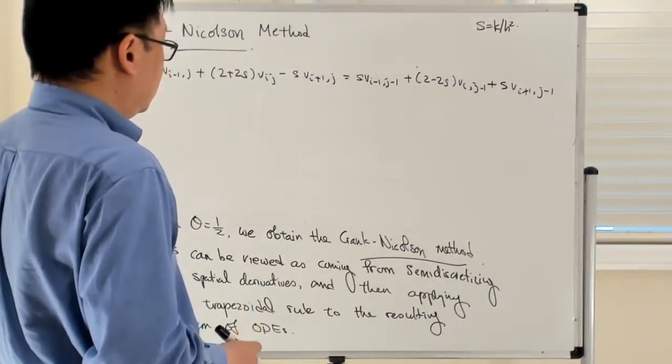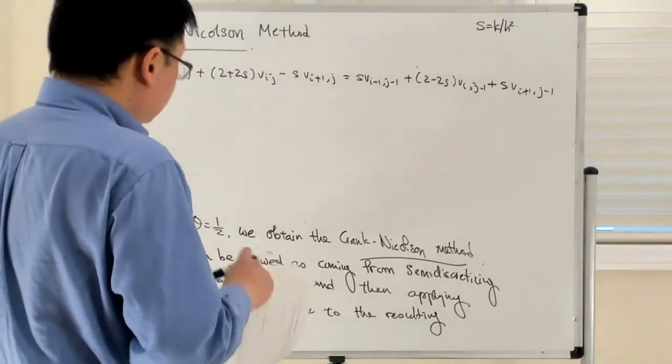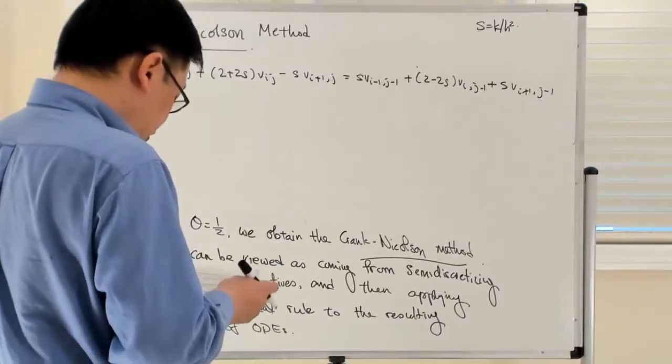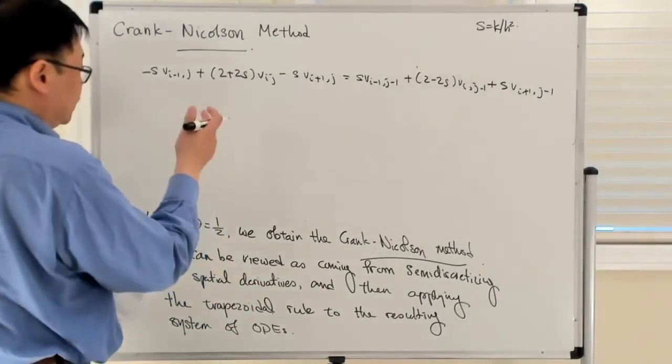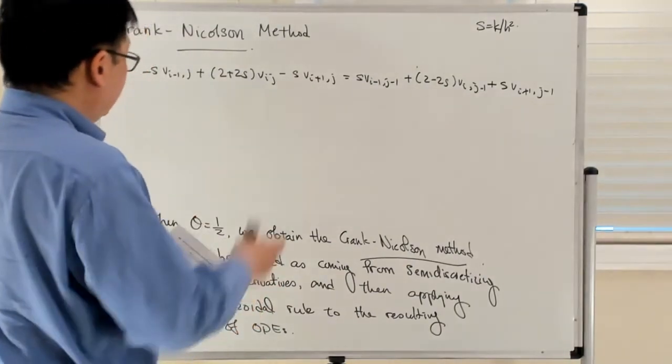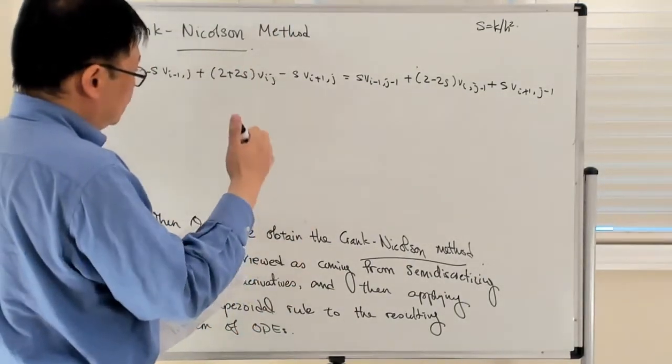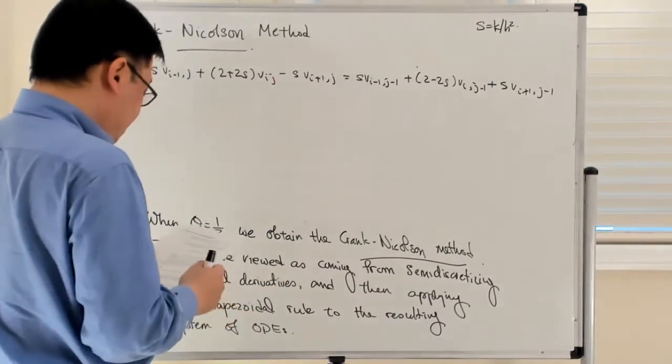So you can write this system of equations as before in terms of this capital V, which is a vector for fixed j, in variable i.